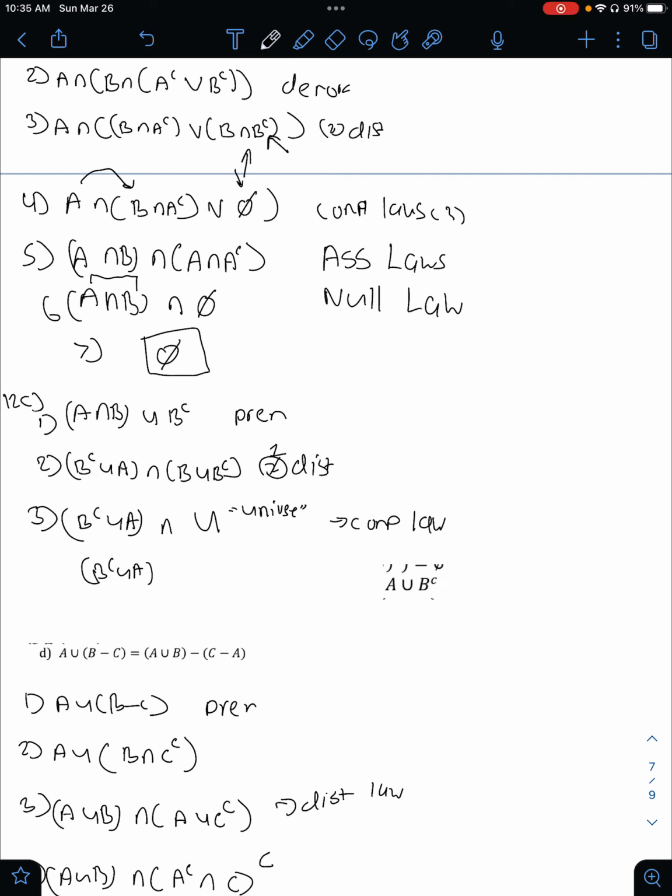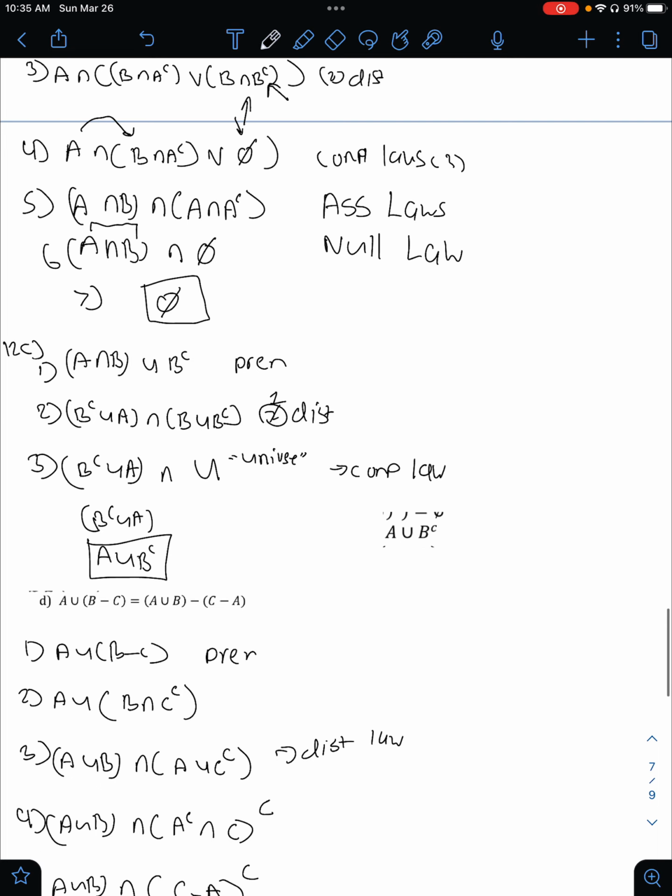And whenever we have B and B complement, so not an or statement, we get the universe, U. And this simplifies down to basically B complement and A. And then we can rewrite that using the associative laws as A and B complement, because those are equivalent statements.